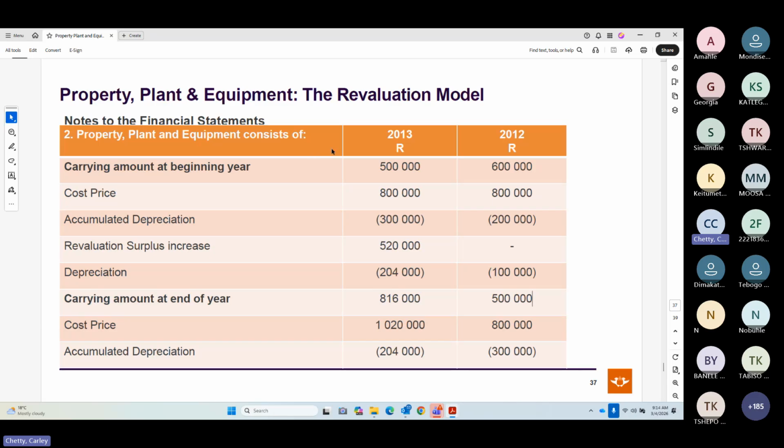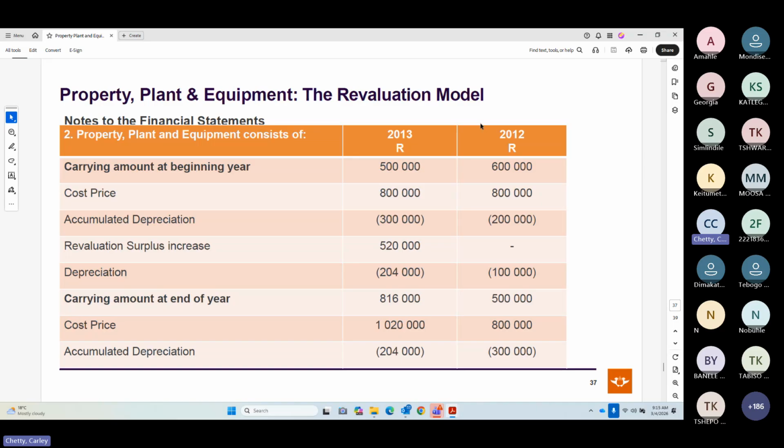And it's possible that the company has buildings carried under the revaluation method, but then has vehicles carried under the cost method. Remember, under the cost method, we will have impairments. When we prepare the property, plant, and equipment note, we're going to have all of our different classes of assets. So not all classes of assets will be carried at the revaluation model. Some will be carried at the revaluation model, some will be carried at the cost model.